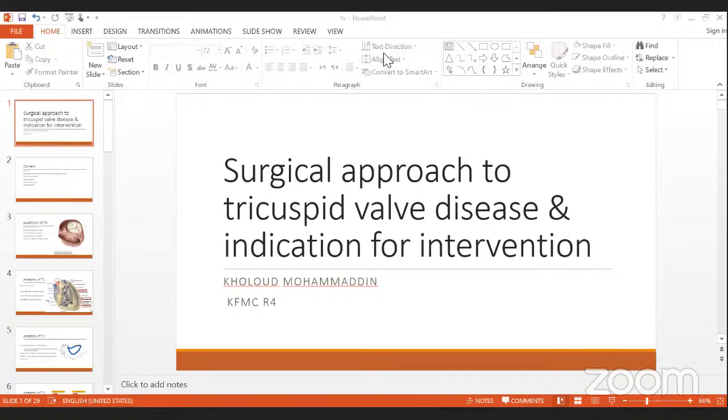I'm asking about when to operate. If you have, for example, MR and you want to operate on the tricuspid valve, what is the annular diameter that you will check on the echo that will lead you to intervene on the tricuspid valve?